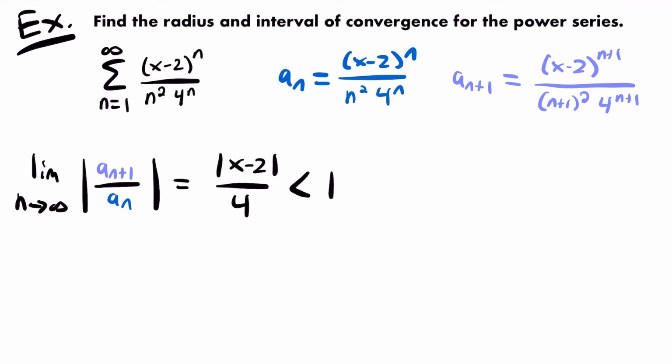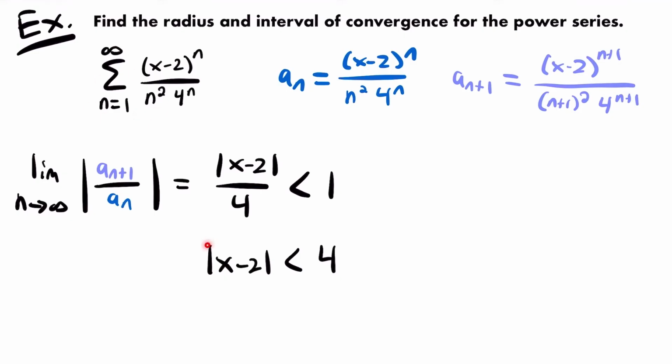And so what we can do is multiply both sides by 4, and if we do that, we'll have the absolute value of x minus 2 is less than 4. And then before we do anything else, right here at this step, we can now identify the radius of convergence for our power series, right?